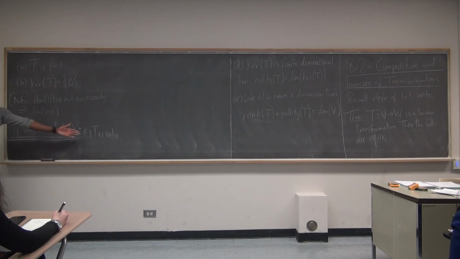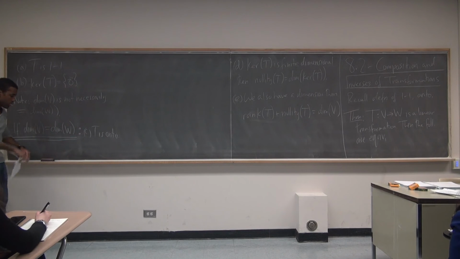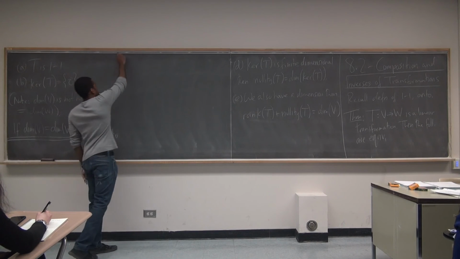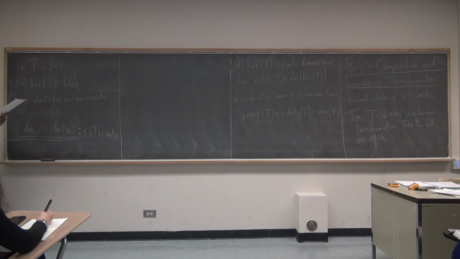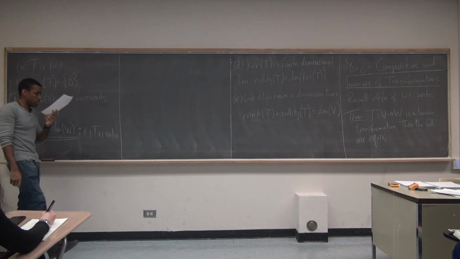But in general, you won't have that. In general, though, you will have these two being equivalent. If your dimensions actually match up in both the vector spaces, then you'll also get onto for free, which means you automatically get invertibility.